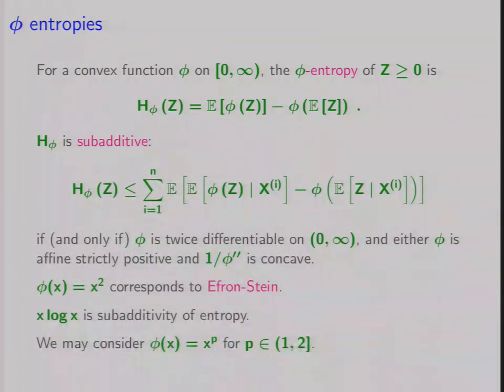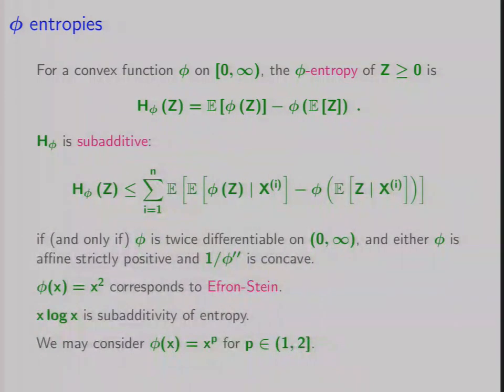So when phi of x is x squared, then this is just the Efron-Stein inequality. When phi of x is x log x, then this is the subadditivity of entropy. Another whole class of functions that you may try is x to the p. Right? And if you check these assumptions, it turns out that this will hold whenever p is strictly greater than 1 and less than or equal to 2.